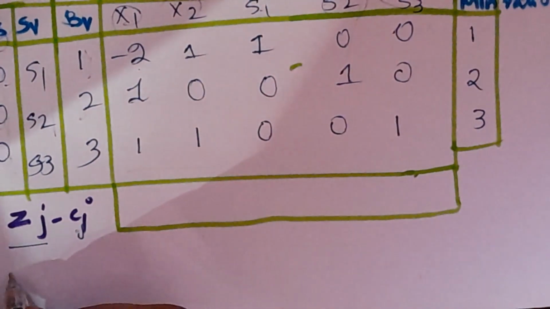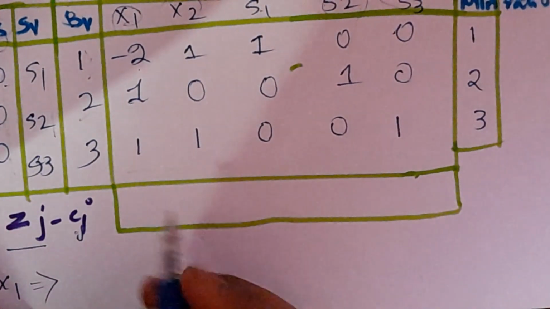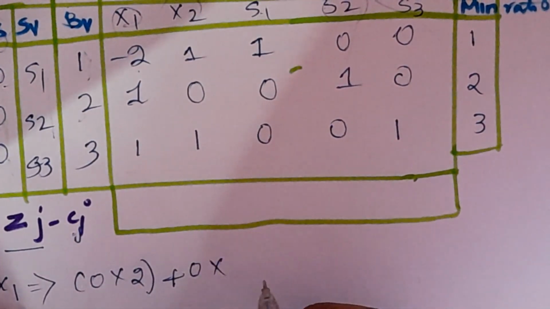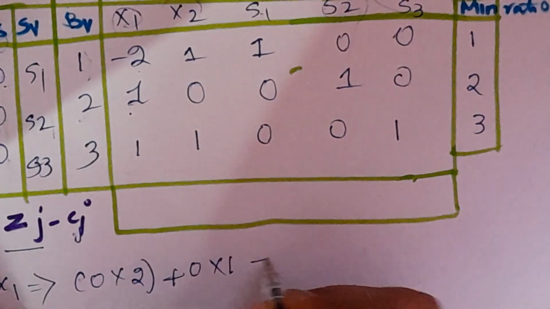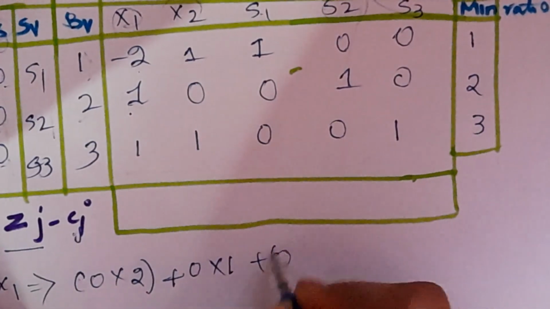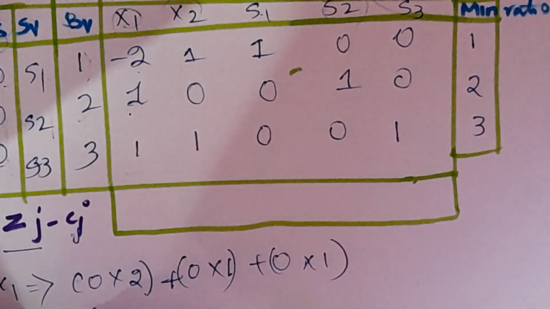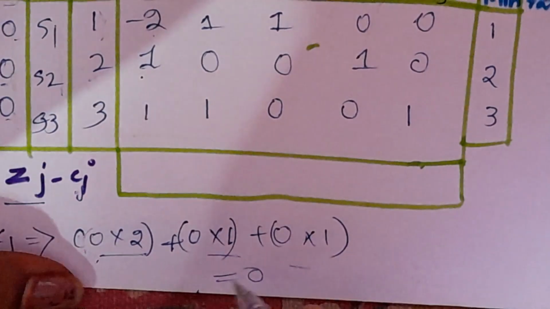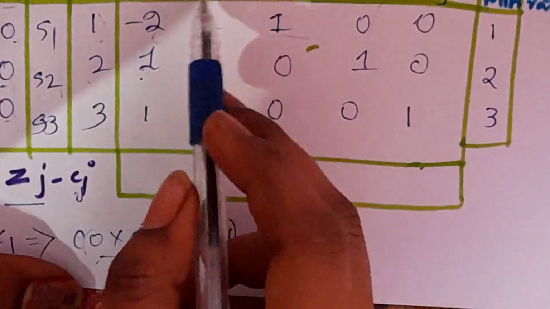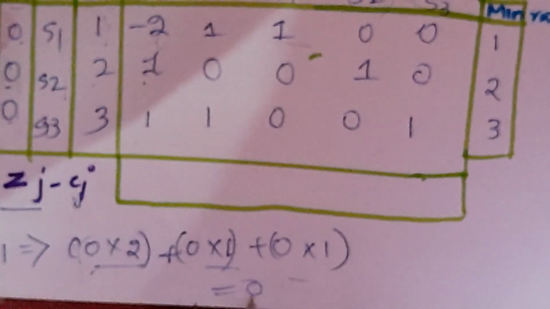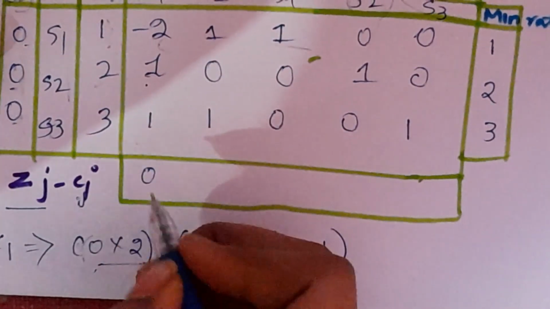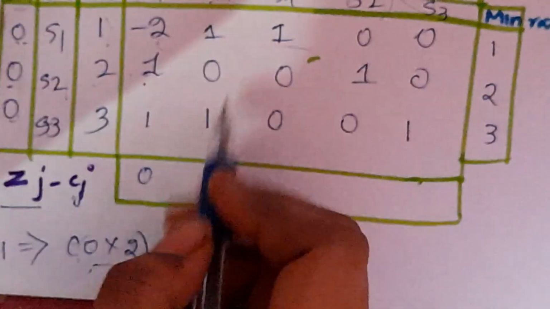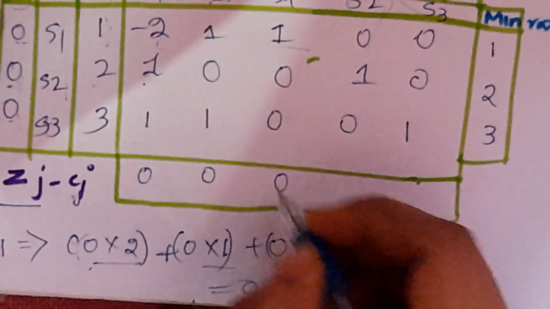For example, for x1: 0 into minus 2 plus 0 into 1 plus 0 into 1, which all becomes 0. This is how we calculate Zj for each of the values. Next x2: 0 into 1, 0 into 0, 0 into 1, which all becomes 0. Here it also becomes 0, 0, 0.